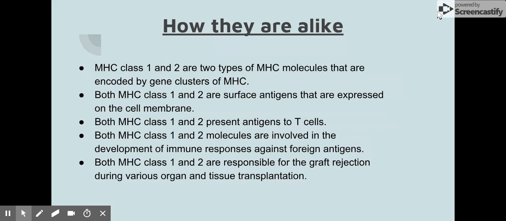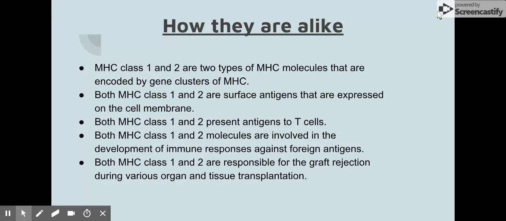So now we're going to talk about how they are alike. MHC class 1 and 2 are types of MHC molecules that are encoded by gene clusters of MHC. Both MHC class 1 and 2 are surface antigens that are expressed on cell membranes. Both MHC class 1 and 2 present antigens to T cells.